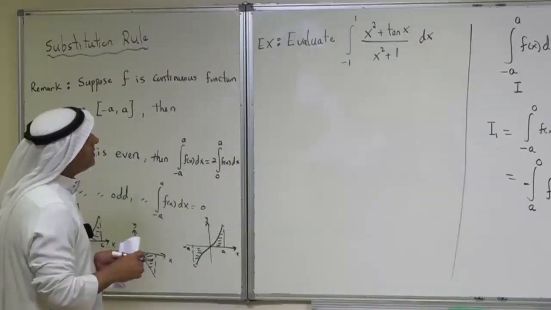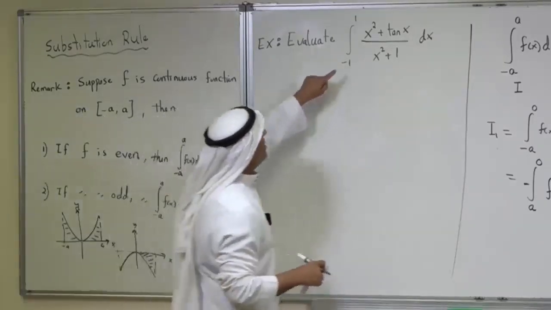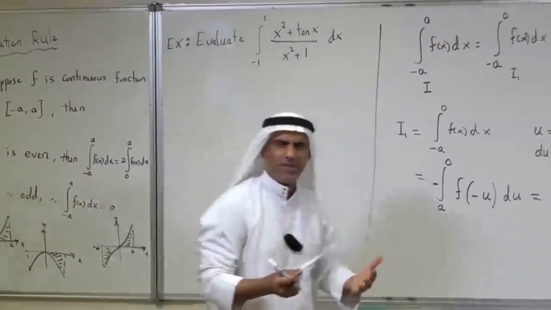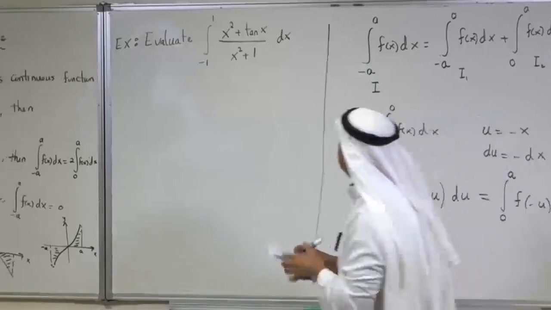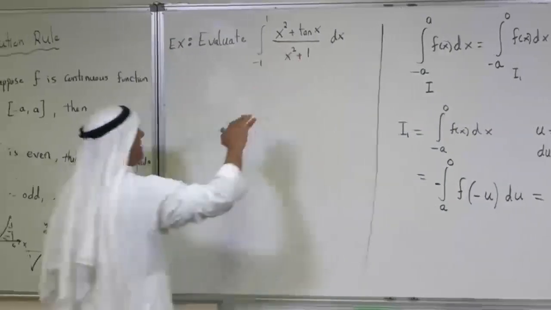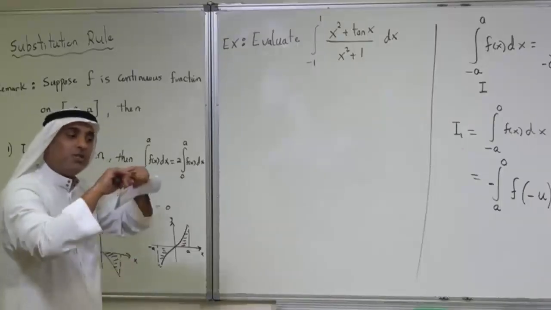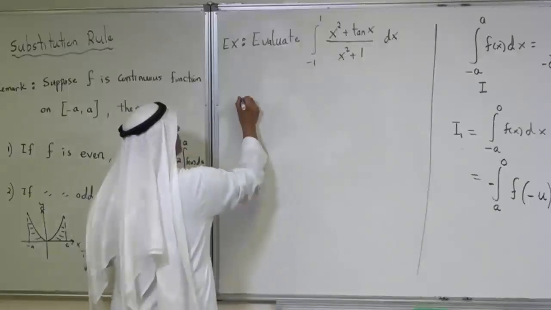Okay, is this one an even function? Is it an odd function? Whenever I have minus to plus, maybe I need to think about this property. Is it related to the even odd property or not? This exercise, if you take it as it is, is neither even nor odd. But if you use your previous studies of properties of integral, you can split this one into what?